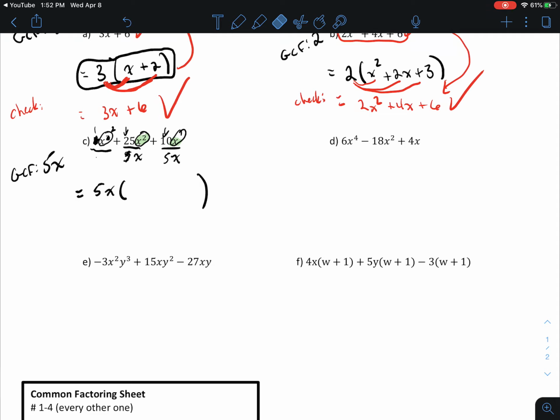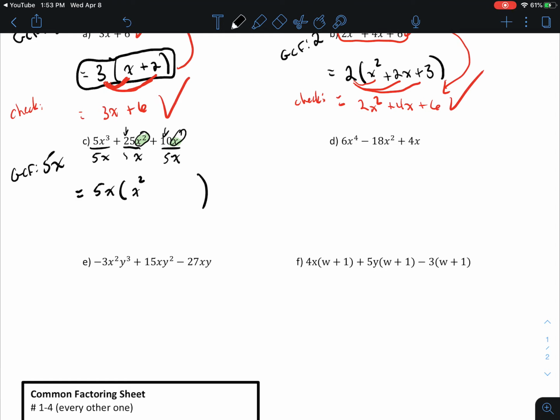Okay. So I'm going to bring all this back here so it's clear. Okay. So what you're doing is divided by 5x. Okay. So 5x cubed divided by 5x is x squared. Okay.